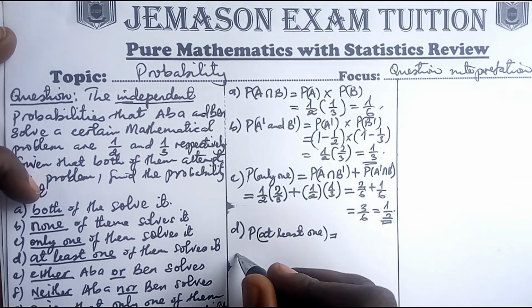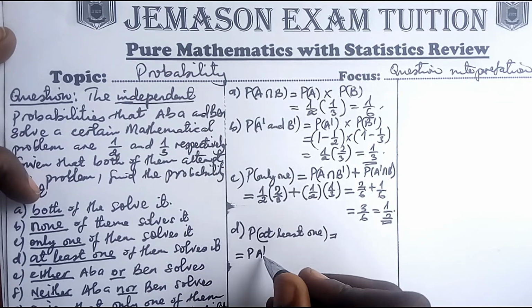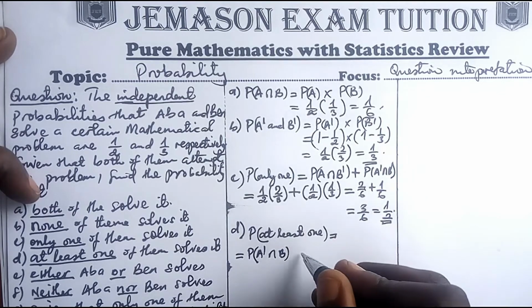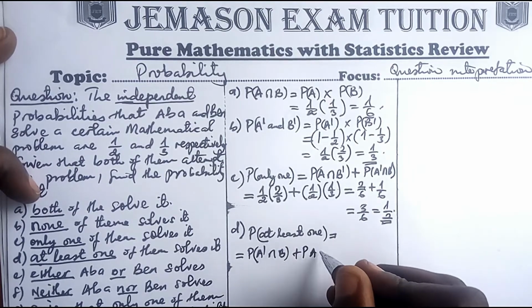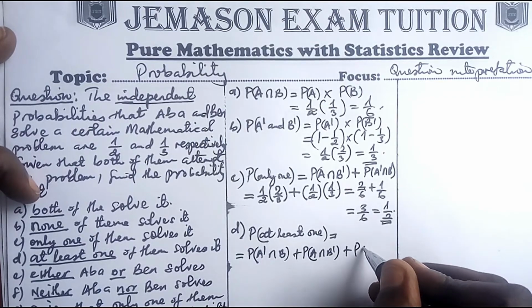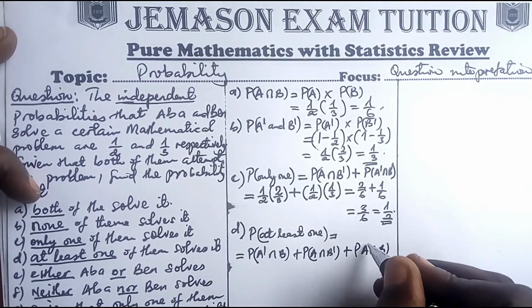So this should be P of A prime intersection B plus P of A intersection B prime plus P of A intersection B.